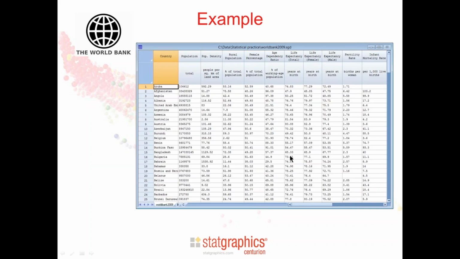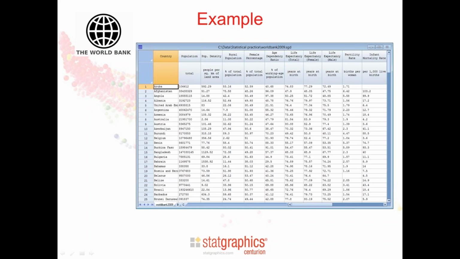Now, the data set we're going to be looking at today comes from the World Bank. If you've seen some of my webinars before, I've looked at this data set before. It's freely available on the internet from the World Bank. I'll be looking at data from the year 2009. It's data on something like 175 different countries around the world.